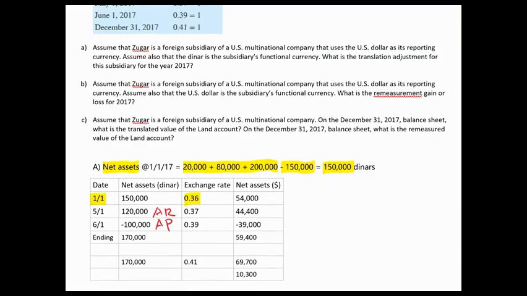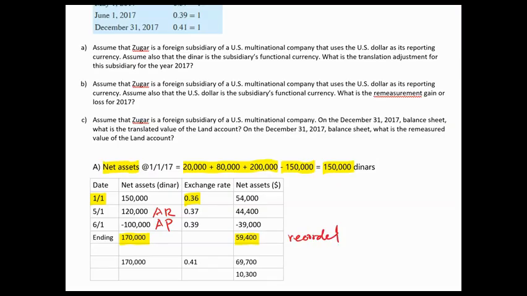So next we can get the ending balance in both foreign currency and US dollars. In foreign currency it's going to be 170,000. If the company translates everything to US dollars on the same day each transaction happened, it's going to be $59,400. In other words, this $59,400 is what's recorded on the books.